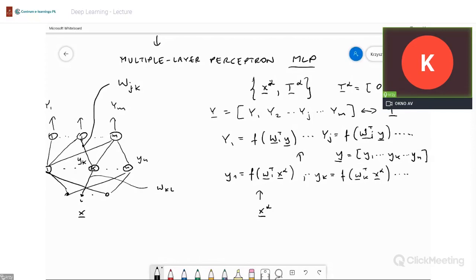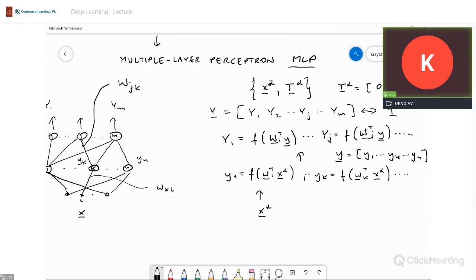If I would like to make corrections to the parameters of my system, and the parameters are the weight vectors for all neurons, I need to first consider how to evaluate how well my algorithm works. This evaluation will be done using a loss function, and the loss function should be reasonable. A reasonable loss function could be, for example, the mean squared error.